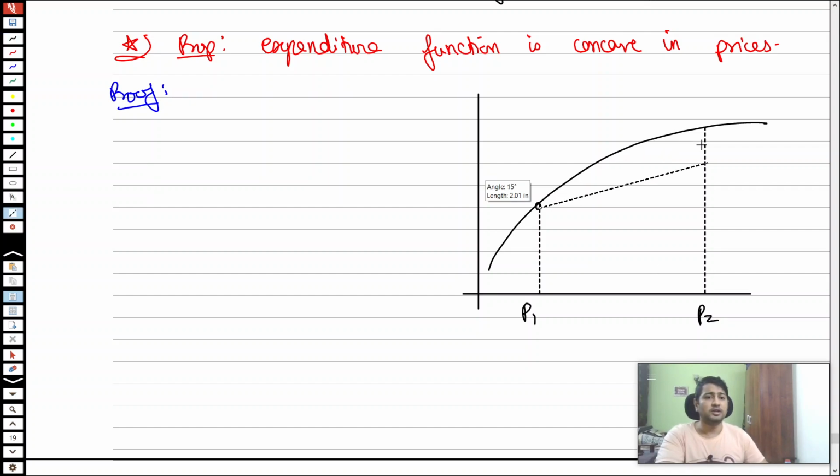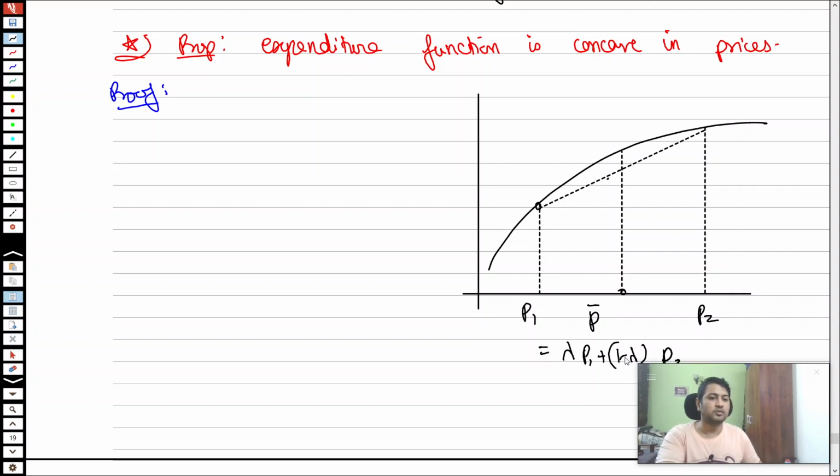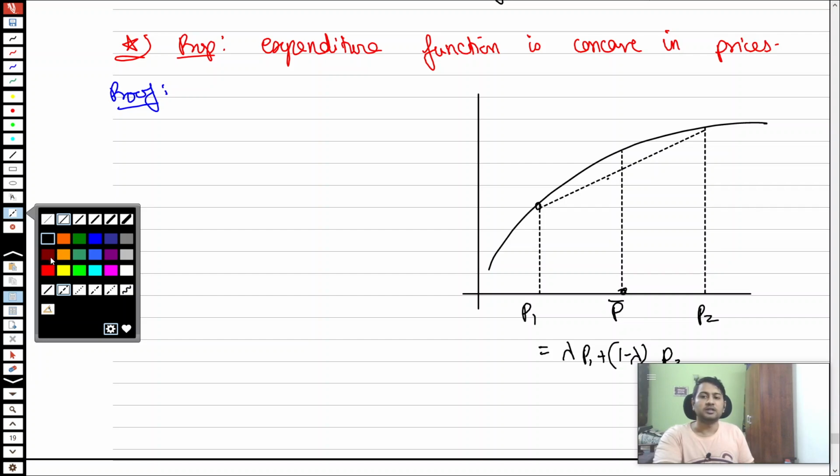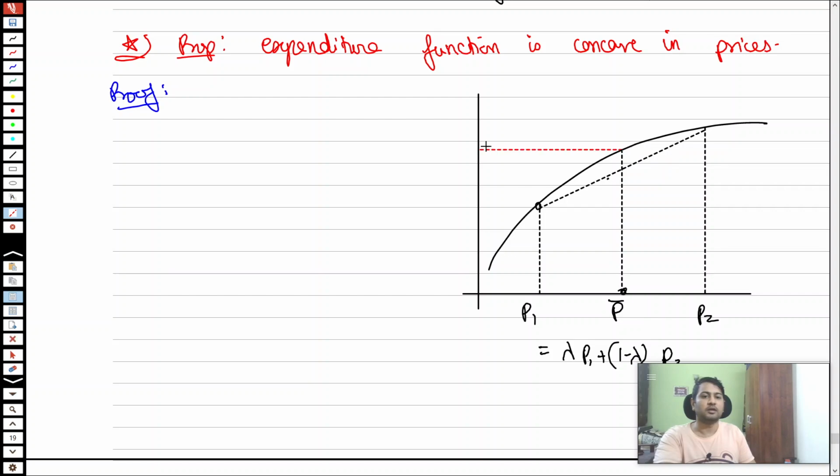Then concavity of this curve implies that at any midpoint between these two price vectors, that is p bar, which is equal to lambda p1 plus 1 minus lambda p2, the expenditure function value at p bar should be greater than or equal to the average of the two expenditure function values.